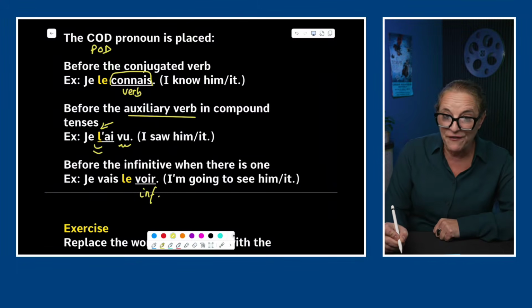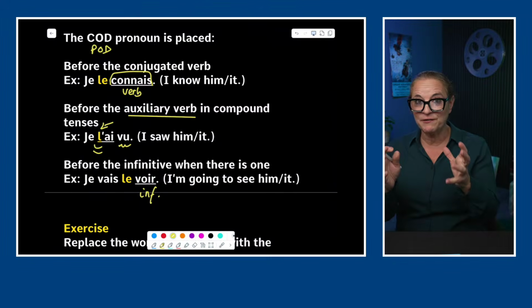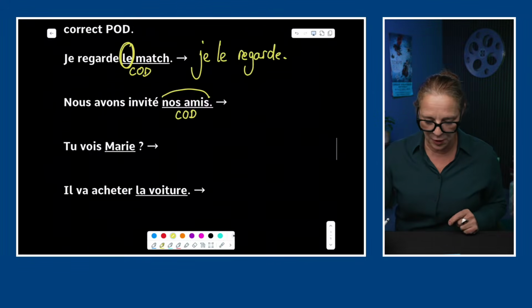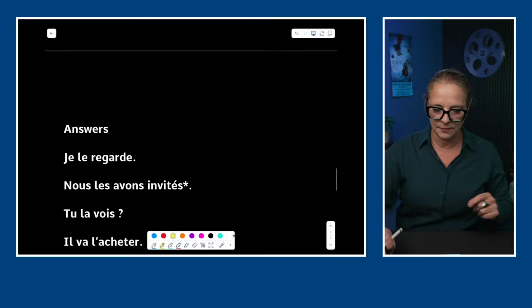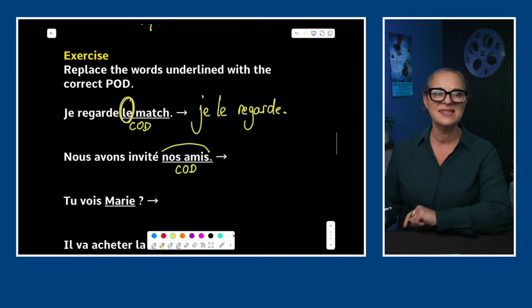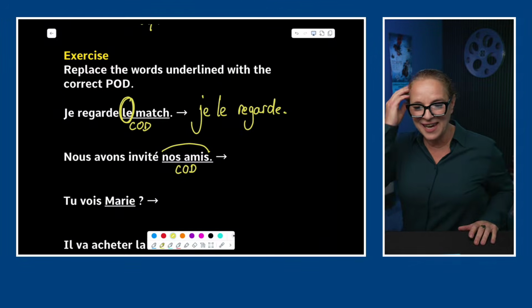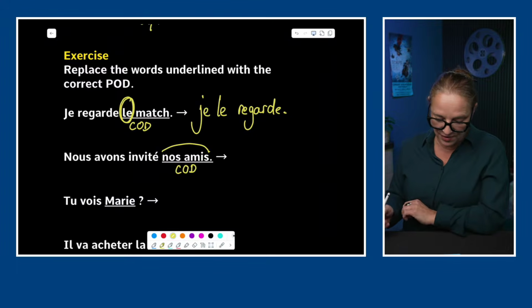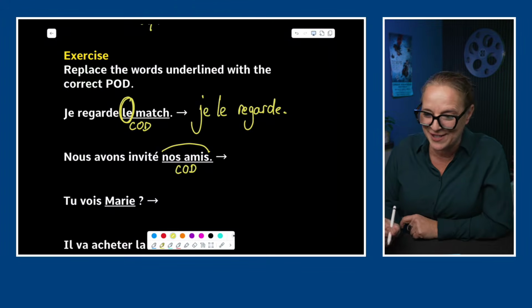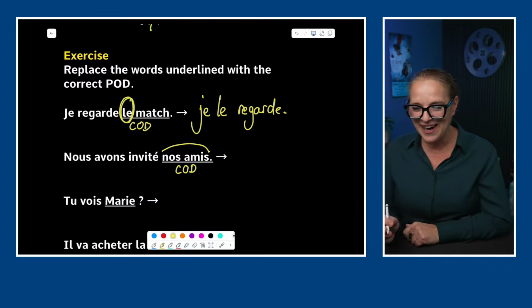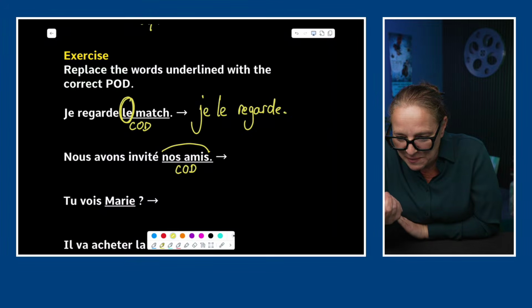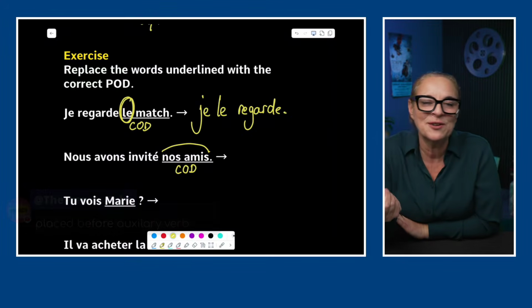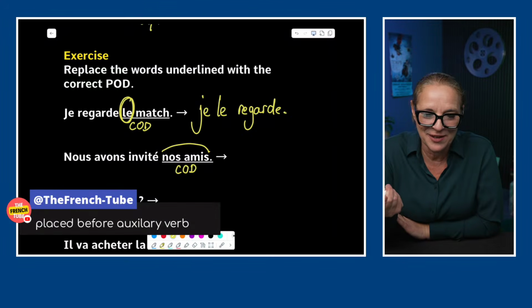It's before the auxiliary verb. So think about that. Did you see that? I've done it again. Just don't look. I think I've given you the answers. Okay, so the pronoun is placed before the auxiliary verb. Here we go.